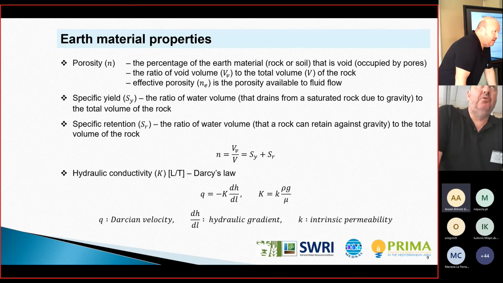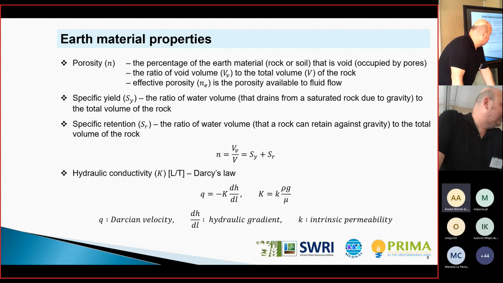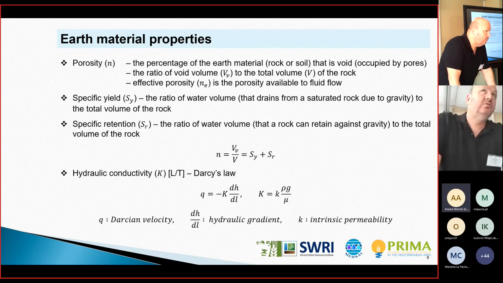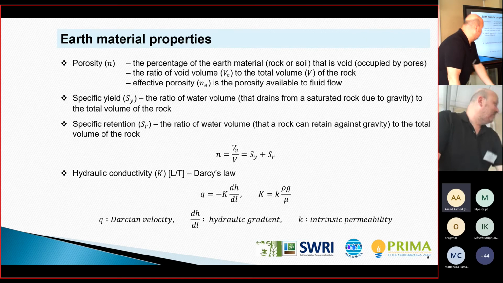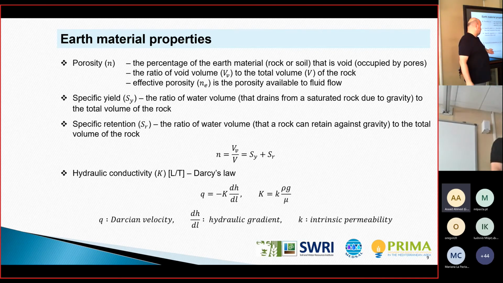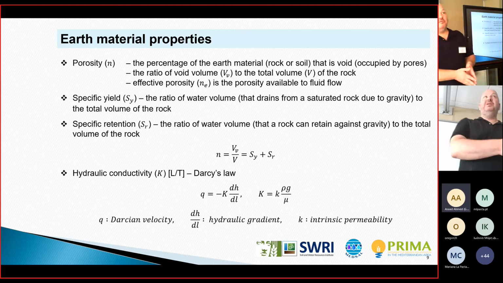Another very important parameter for a rock or a soil, probably the most important, is the hydraulic conductivity. It is in units of velocity, as you can see here, and it is associated with the famous Darcy law and the Darcy experiment. Actually, we have the Darcy velocity, which is associated with the hydraulic gradient, dH/dL, and the parameter K, the hydraulic conductivity, which is a parameter related to the porous media and to the fluid.